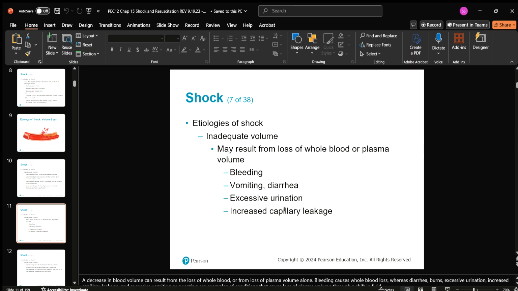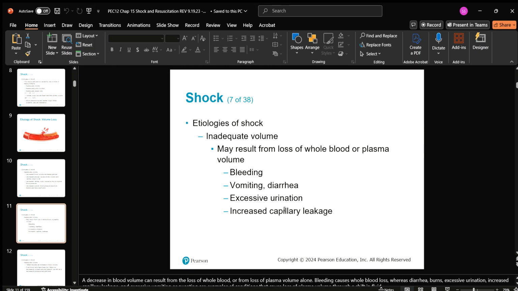Okay, so you might get a question on the exam that's talking about you have a 9-month-old infant, and the mother tells you that he has had 13 episodes of urination. So she went through 13 diapers in a span of 8 hours, and he's been vomiting, and he's also had excessive diarrhea.